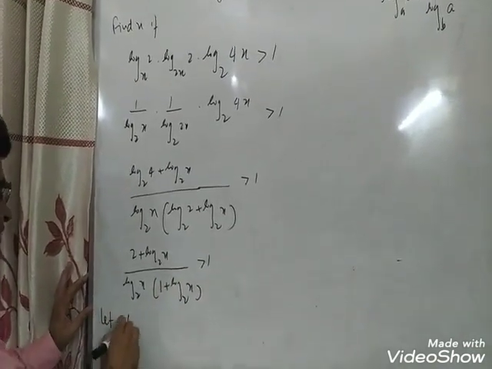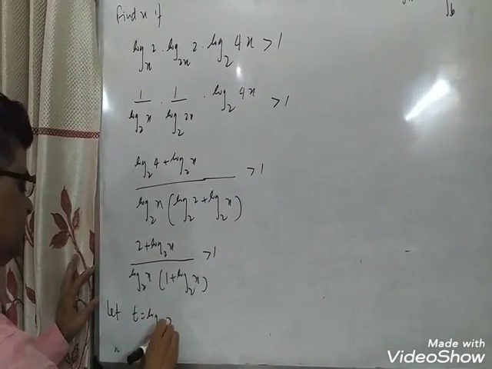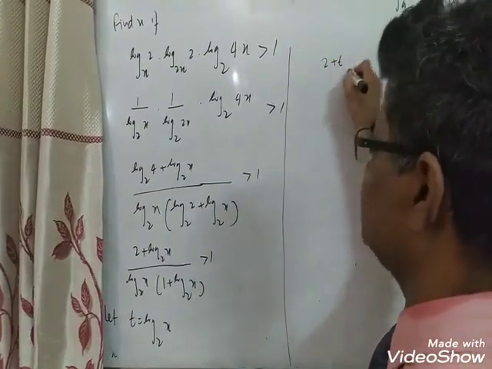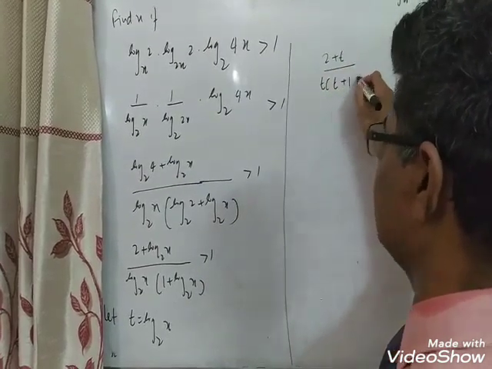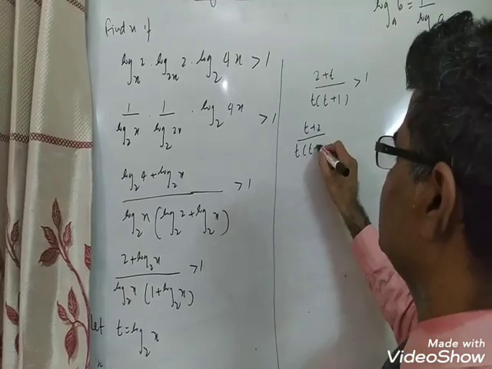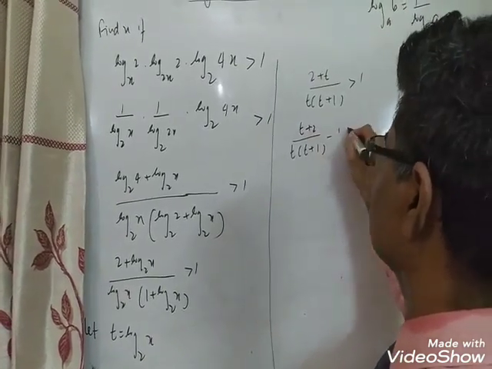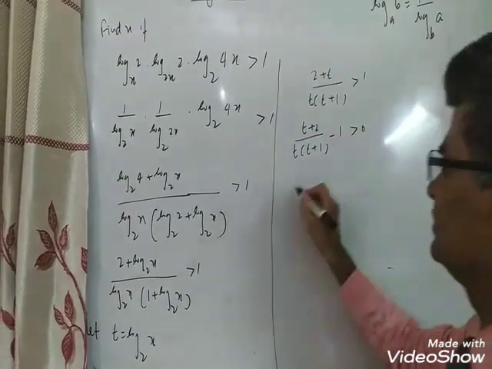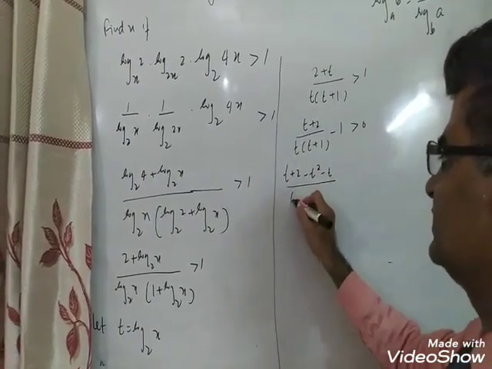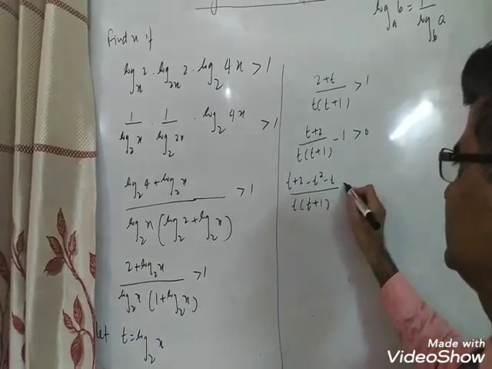Now let t be equal to log base 2 of x. Then it is 2 plus t upon t plus 1 is greater than 1. So t plus 2 upon t plus 1 minus 1 is greater than 0. So we are taking the LCM, minus t square minus t upon t into t plus 1 greater than 0.